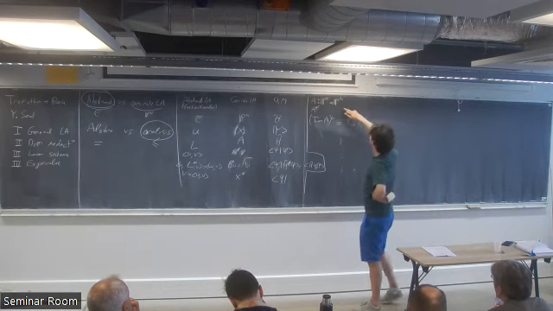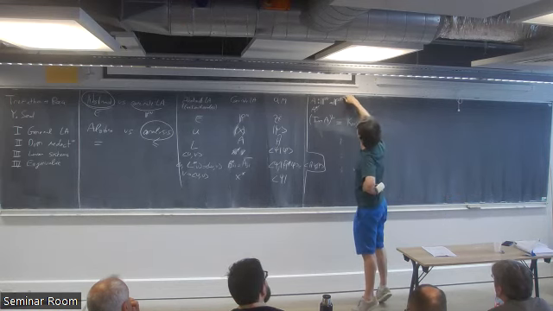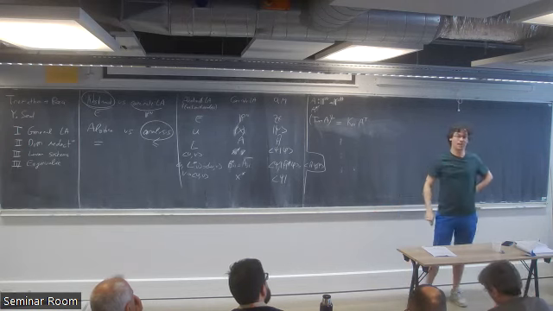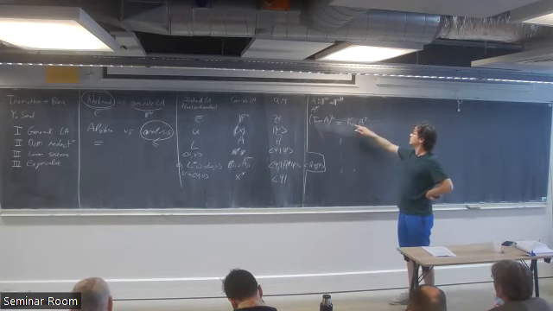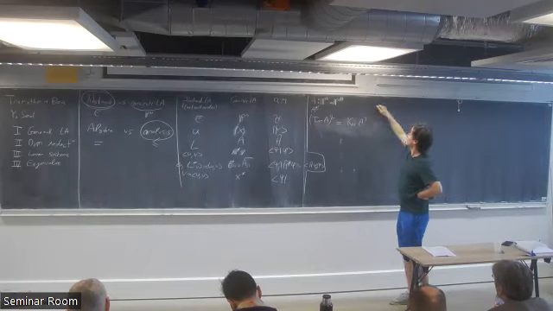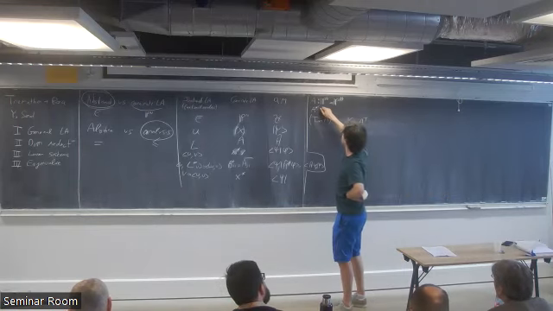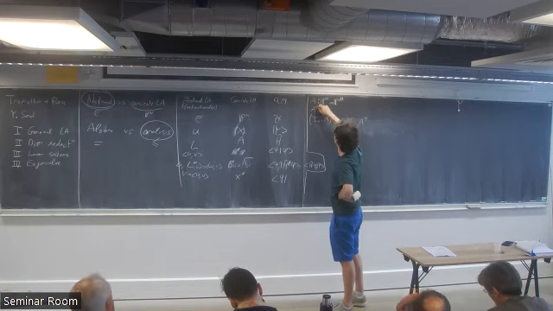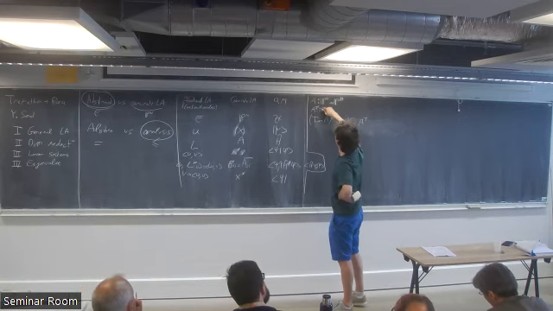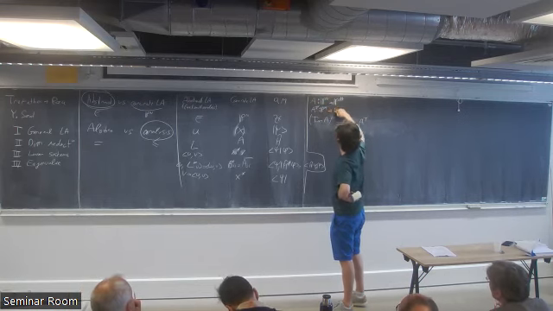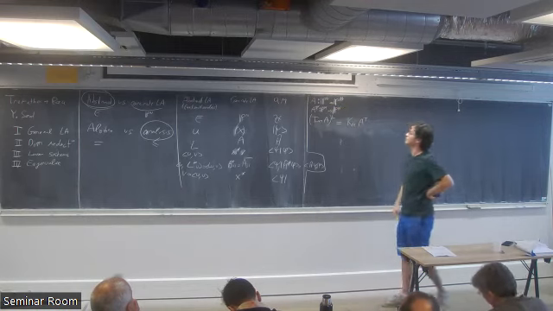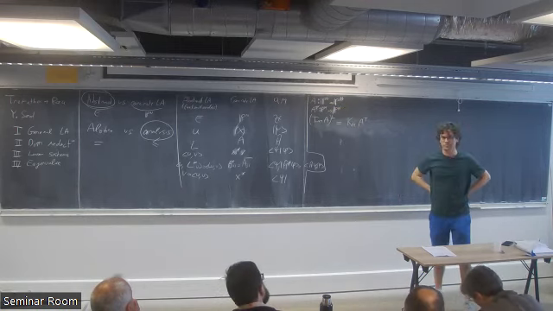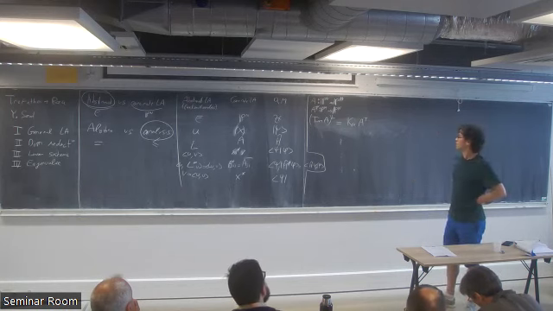So, maybe to clarify this, I write it like this, Rn to Rm. A transpose, A star, goes from Rm to Rn. And this holds.